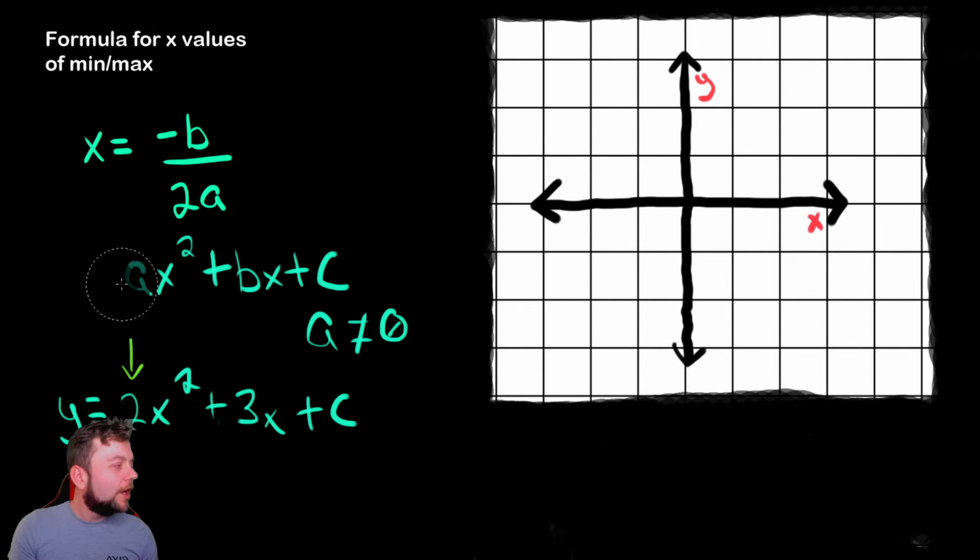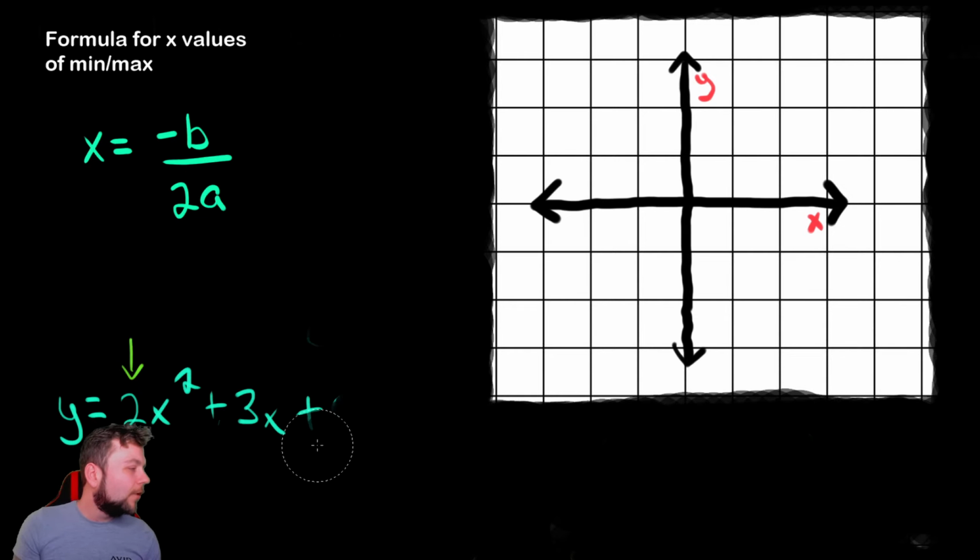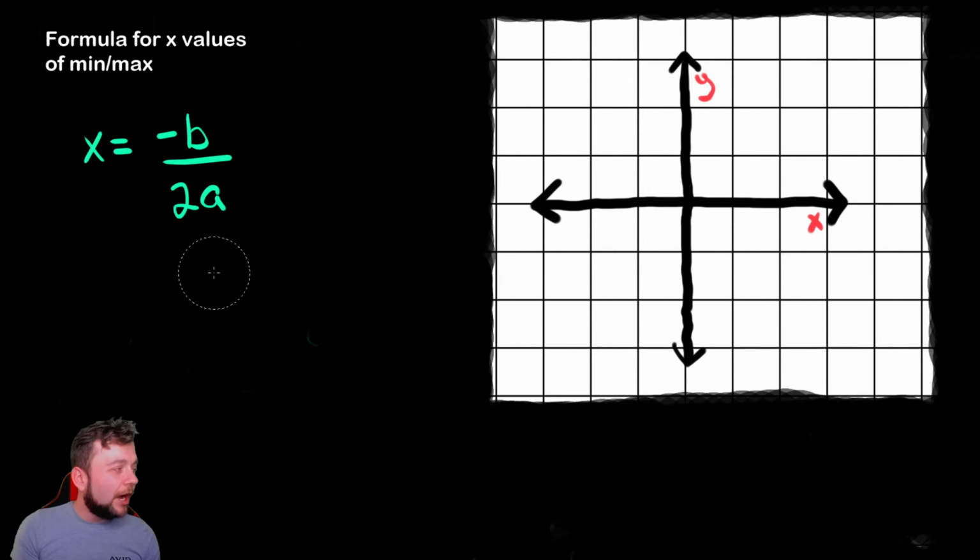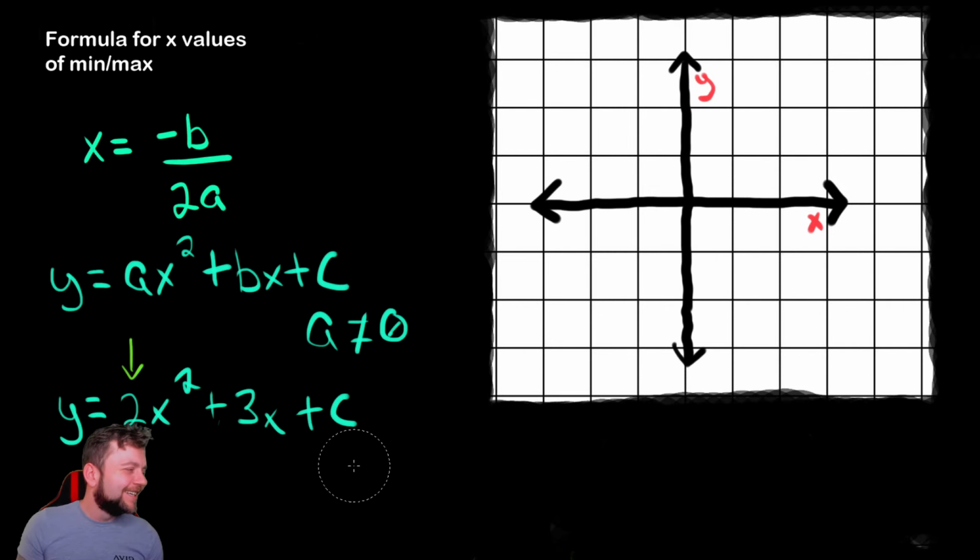So I want you to have our formula here for our x value. Oh, I didn't do it. I just realized, oh, let's just skip this. So let's find the x value, right? So we have our equation. I'll do it below our graph, okay? So we have the equation.